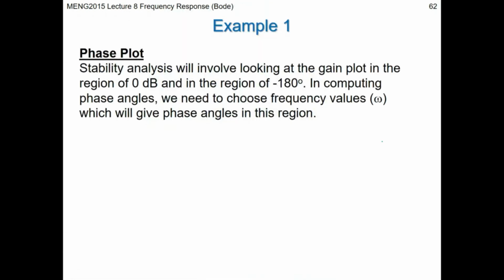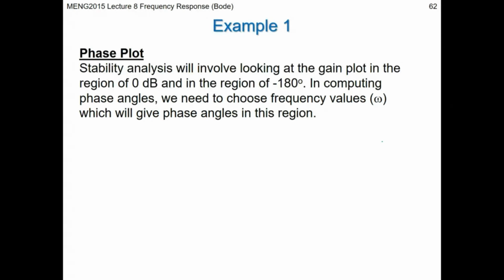Right, so let's do the phase plot now for this example. We are interested in particular in a stability analysis, which is what we're coming to with the gain margin and the phase margin. It will involve looking at the gain plot in the region of 0 dBs and the region of -180 phase. In computing the phase angles, therefore, we want to choose frequency values that give phase angles in this region.